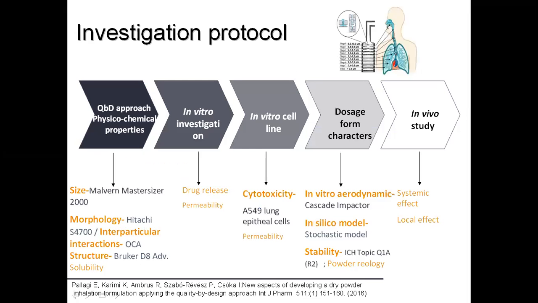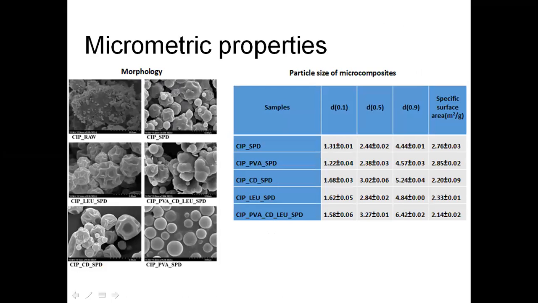The following investigation protocol was used, where the physicochemical characterizations containing micrometric properties and structural analysis, in vitro lung deposition, and cytotoxicity were evaluated. We produced a 2-3 micrometer sized co-spray dried sample with a spherical morphology, which could predict a high lung deposition.